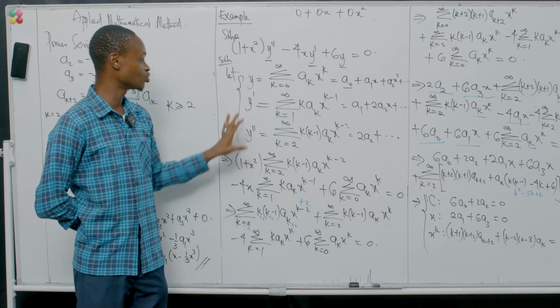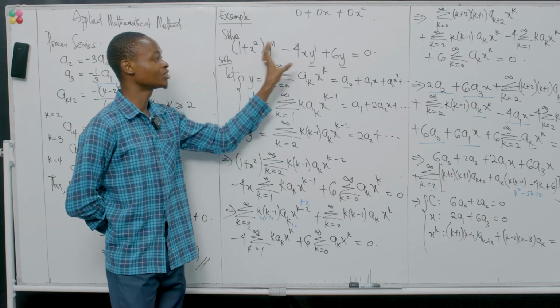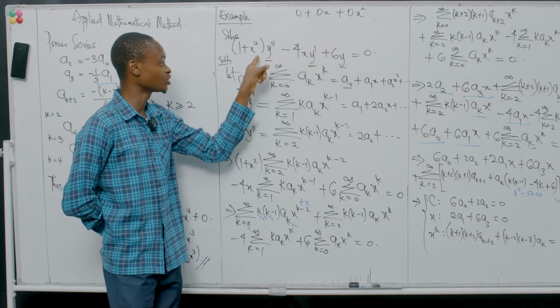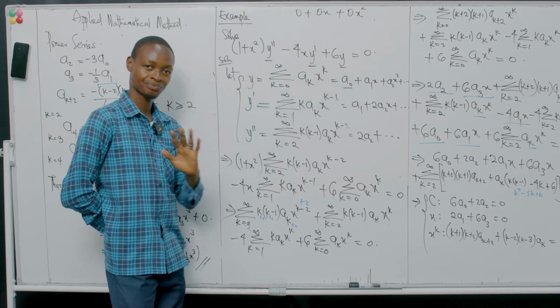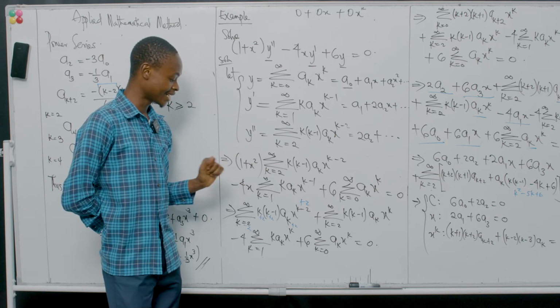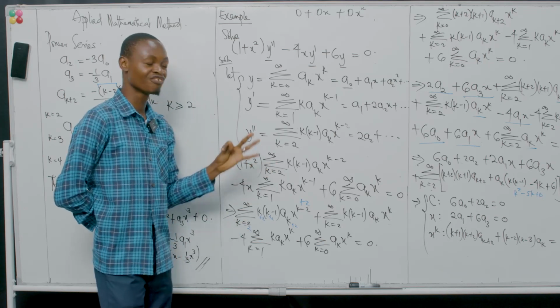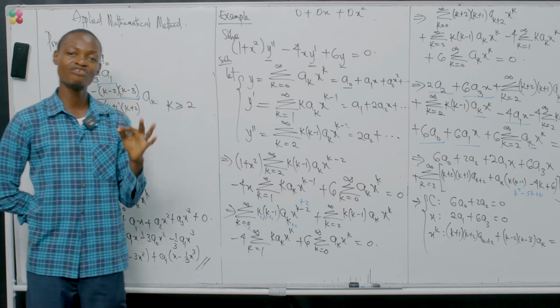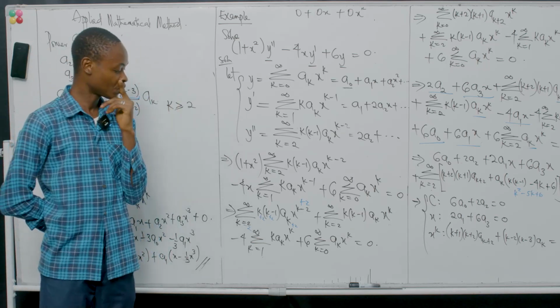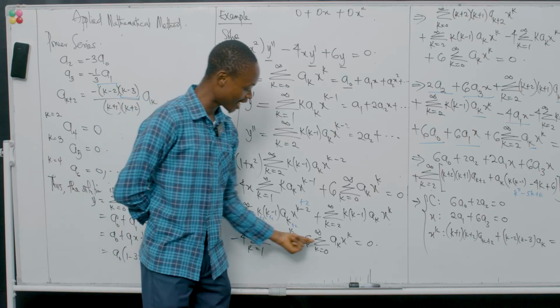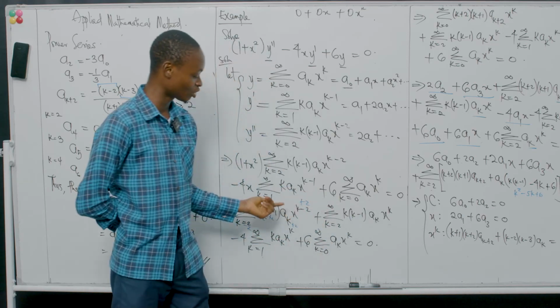Then the next step is to take all these differentials and put them into the differential equation in place of y prime prime, y prime, and y. When we do that, the next thing is to expand. The next thing is to now unify the variable. So you unify the power of the variable such that all of them have the same power. So here we unified it up to x raised to power k.